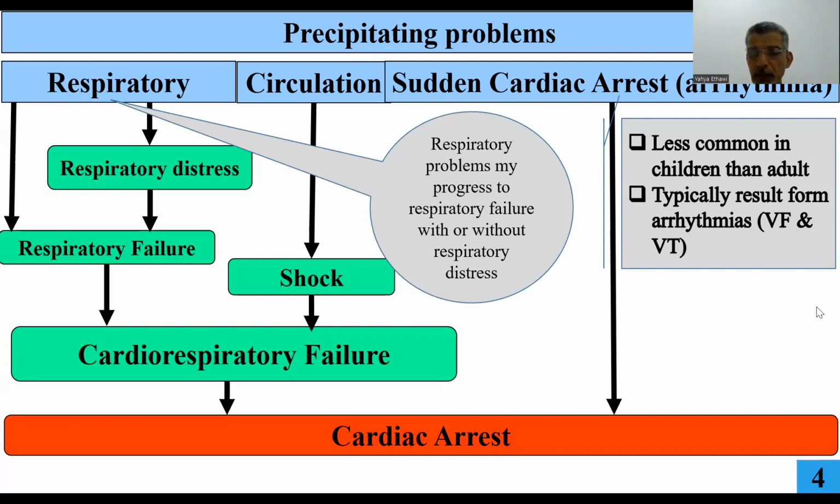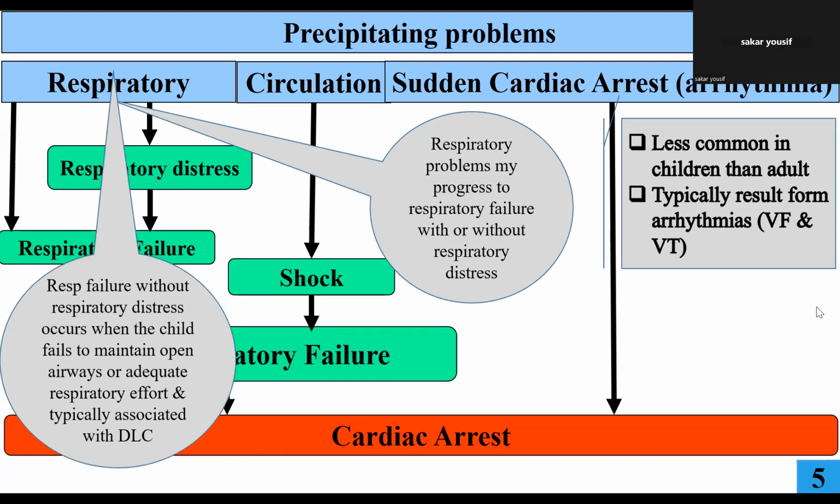A respiratory problem, as we said, may progress to failure with or without respiratory distress. So be careful when you deal with children. You might go right away to respiratory failure without distress. This can happen from the upper airway and from the lower airway.